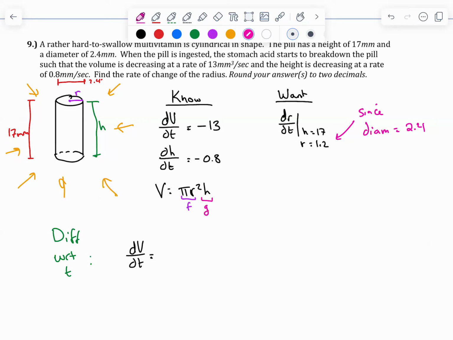So this is a product of two functions. So we have to do the chain rule, the product rule. We will have to do a chain rule with r squared, but regardless, F prime would be 2 pi r dr/dt times h plus dH/dt times pi r squared.